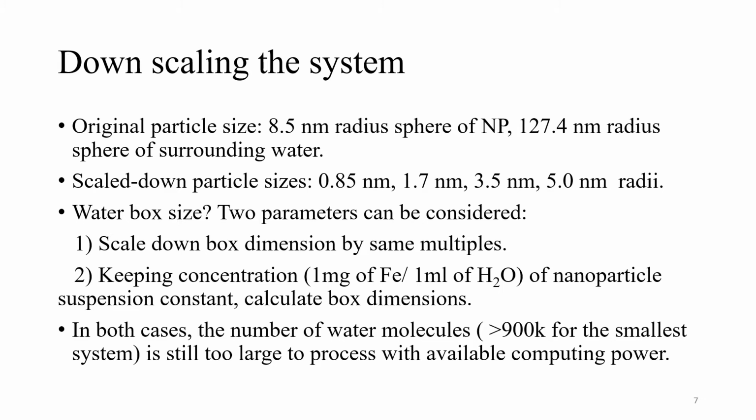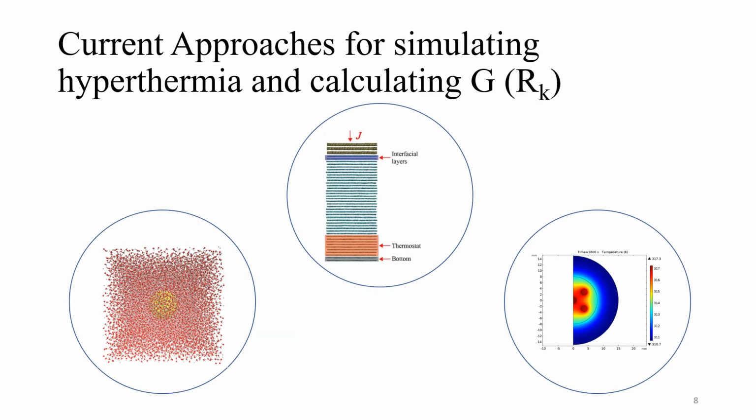While searching the literature for magnetic hyperthermia simulations and calculation of G, I have read a lot of papers, probably around 15 to 20, and the work that is relevant to us can be broadly categorized into 3 different regimes, which I will explain in a moment.